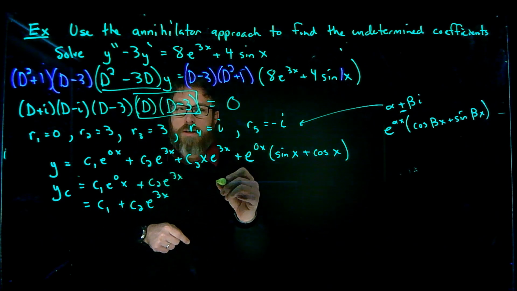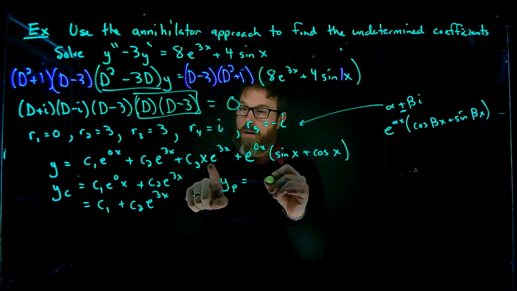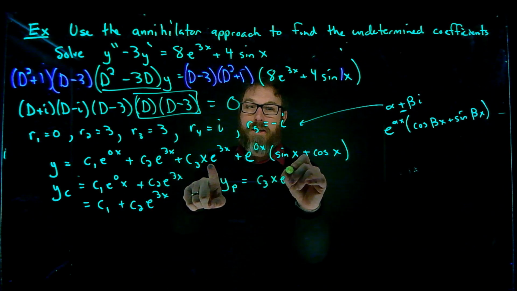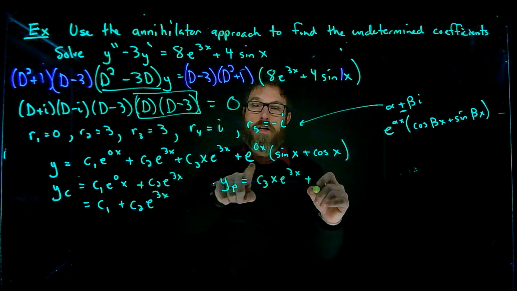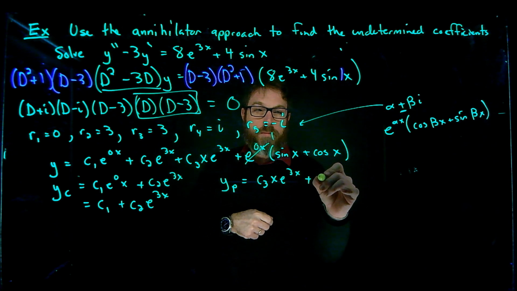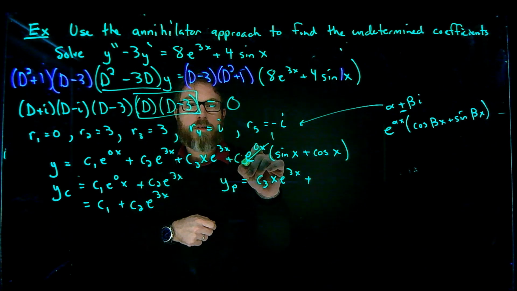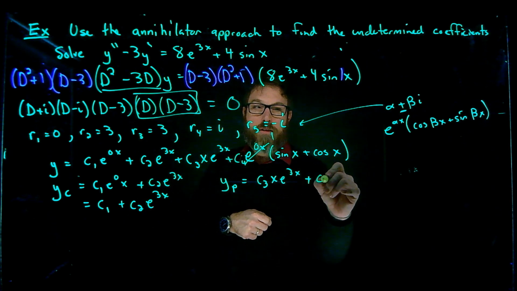And then our particular solution is going to come from the remaining part, so it's going to come from our c3 x e to the 3x, plus e to the 0 is just going to be equal to 1, so this is going to be plus, oh, I forgot to put a coefficient in front of there, so this is going to be c4.